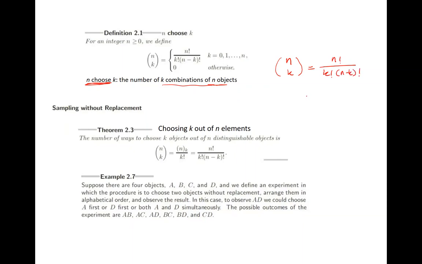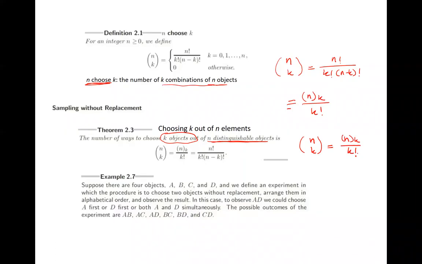So in one sense this could be the k permutations divided by k factorial, right? This is equal to this one. So sampling without replacement: if we have n distinguishable objects and we look at the number of ways to choose k objects out of these n distinguishable objects, we use n choose k, which is again the permutations over k factorial.